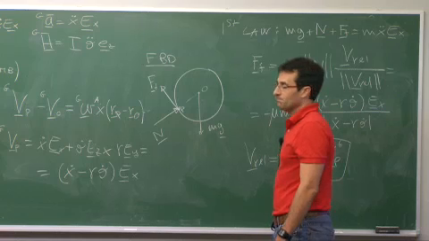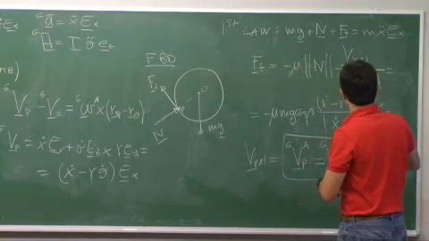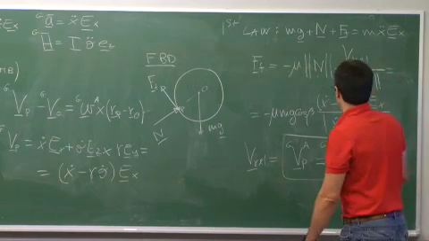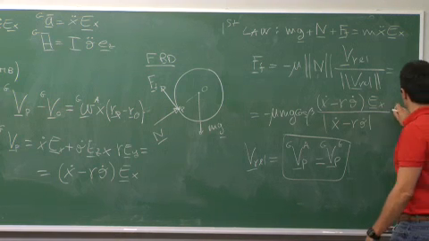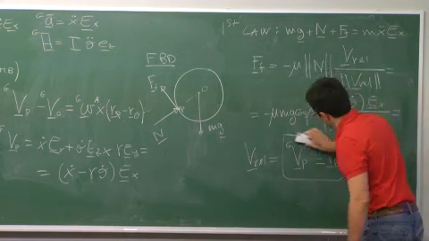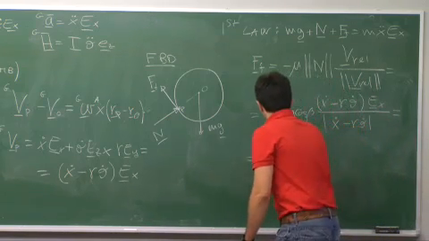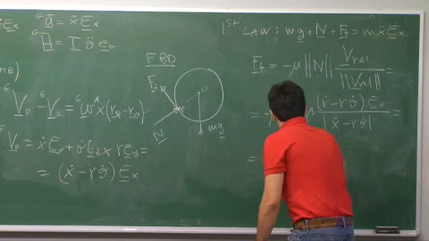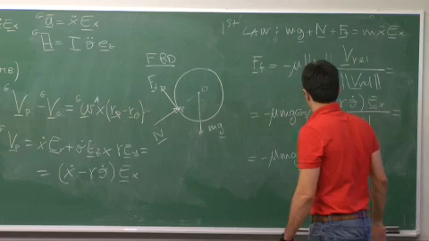Right? Another way to see it, that's the way to see it, actually. Does it make sense? So I can remove the absolute value and say that this is, in the end, minus mu mg cosine of beta EX.